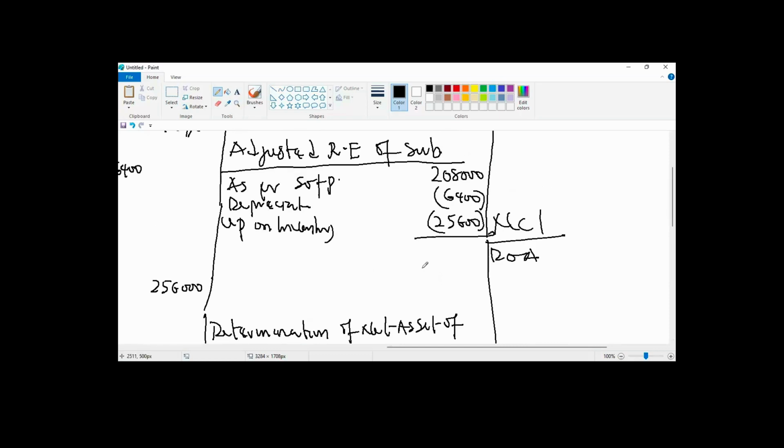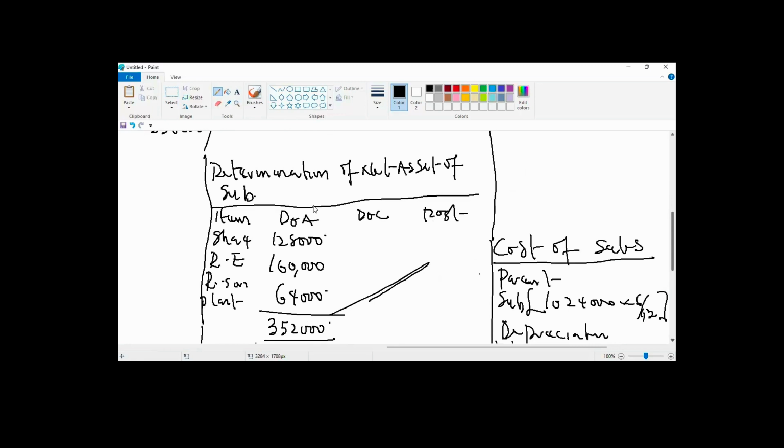So 8,000 minus 64,000 minus 25,600 gives 176,000.